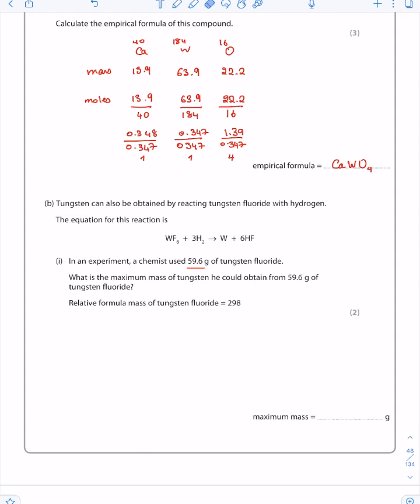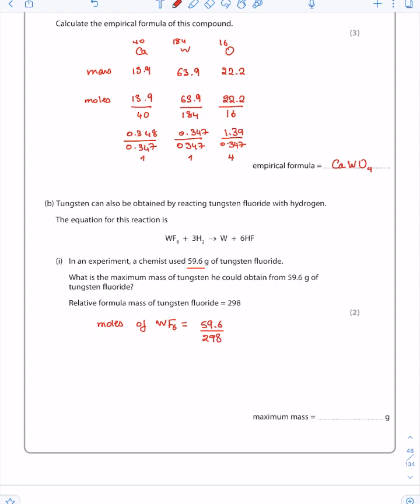What is the maximum mass of tungsten he could obtain from 59.6 grams of tungsten fluoride, given that the relative formula mass of tungsten fluoride is equal to 298. يبقى أول حاجة نجيبها المولز of tungsten fluoride اللي هي الماس 59.6 over الMR 298.